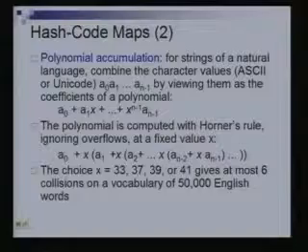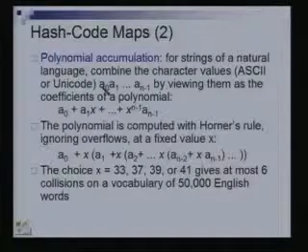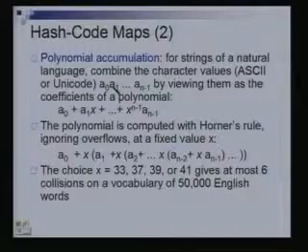Especially when you are trying to convert character strings into integers. So one technique that is used in such settings is what's called polynomial accumulation. Suppose you have a certain string, and A0 is the ASCII code for the first character of the string, and A1 is the ASCII code for the second character, and so on.